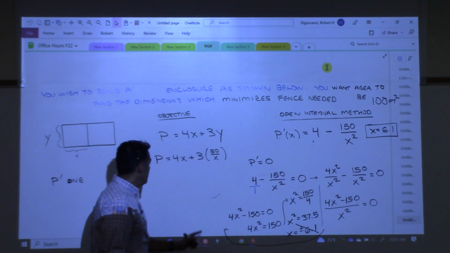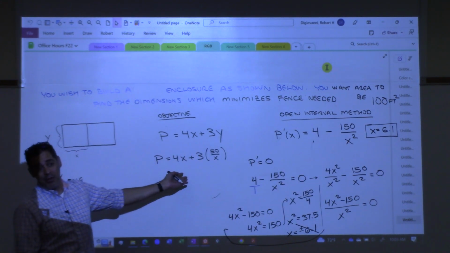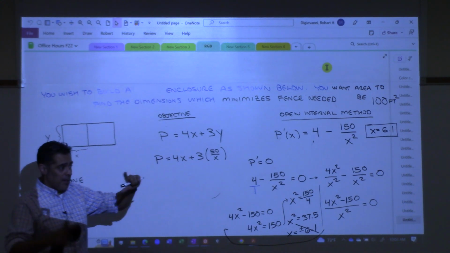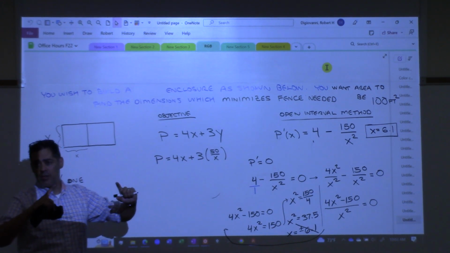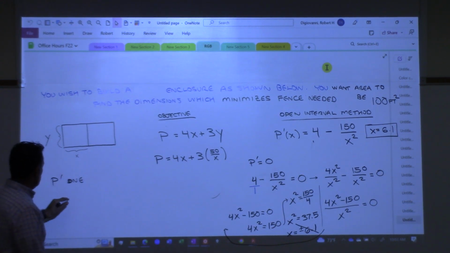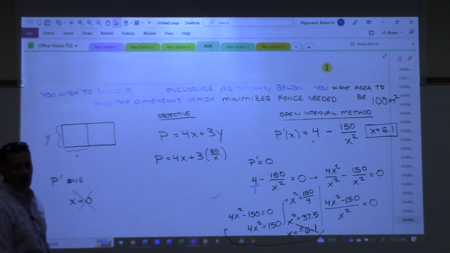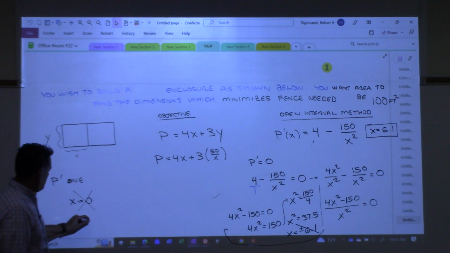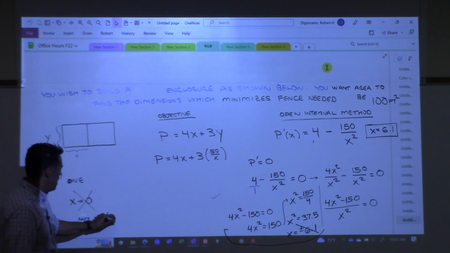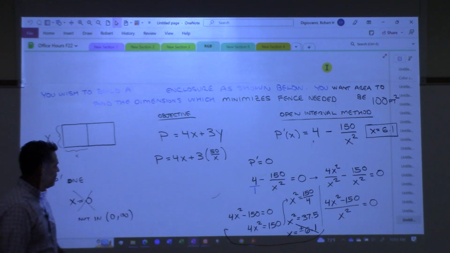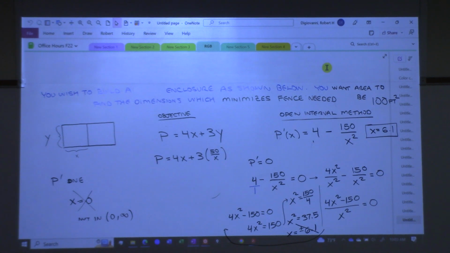Is 0 in our domain? I erased it. Is 0 in our domain? No, right? Because it was an open interval, so we're not including 0. So I don't have anything from here. I would say x equals 0 causes a problem, but I'm throwing it out because it's not in the domain 0 to infinity. So I only have one critical number, right?